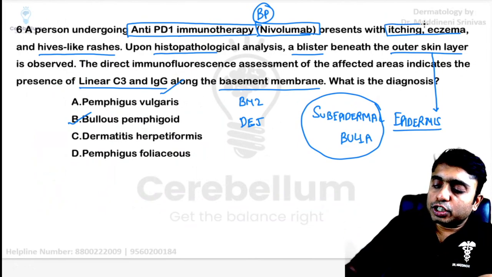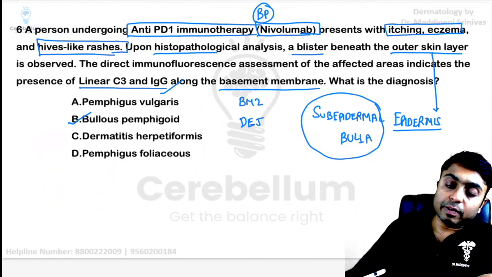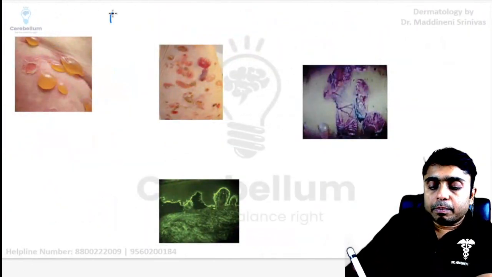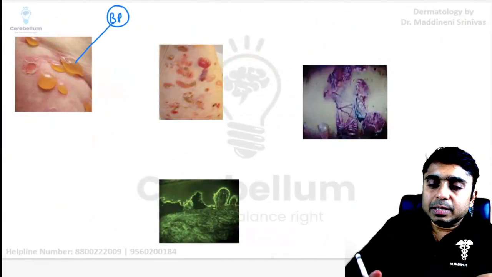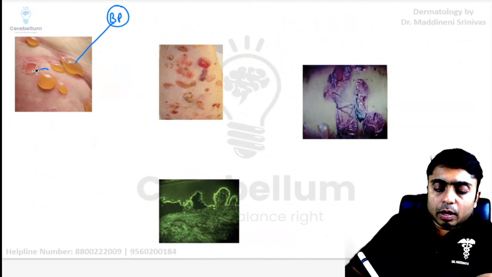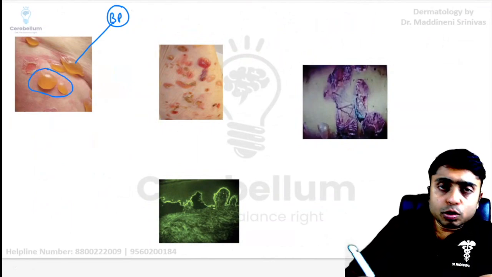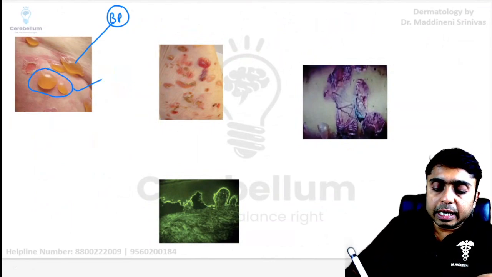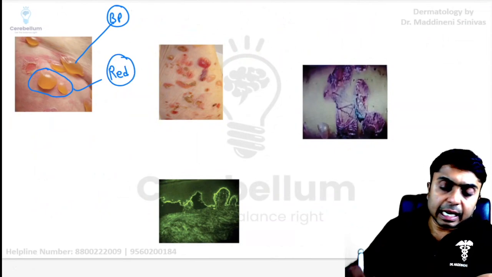And what is this history of itching, eczema, and hive like rashes? Why are they given? Because please remember the bullous pemphigoid lesions are going to be tense bullae, and they are going to be present over erythematous urticarial lesions, or it can also be present over the normal skin. But presence over the red skin is very classical.